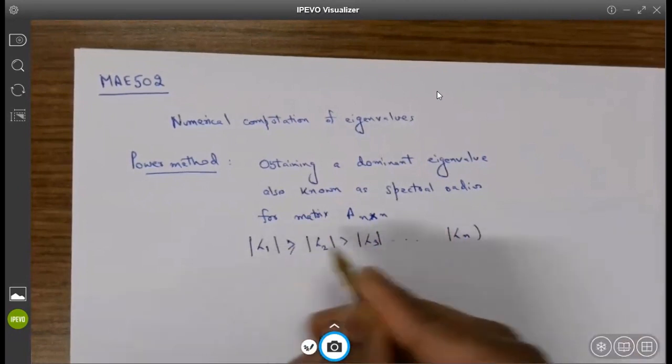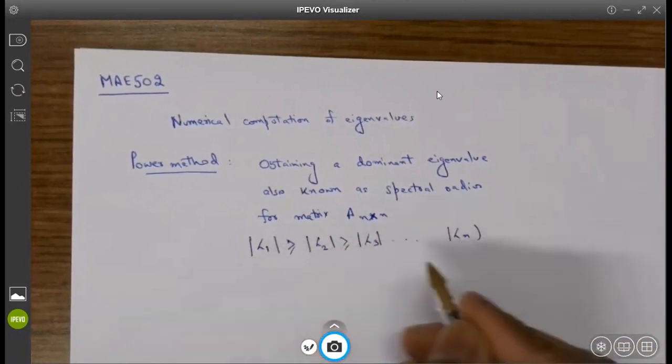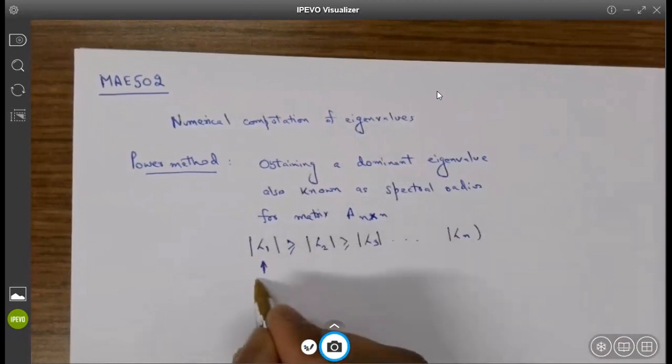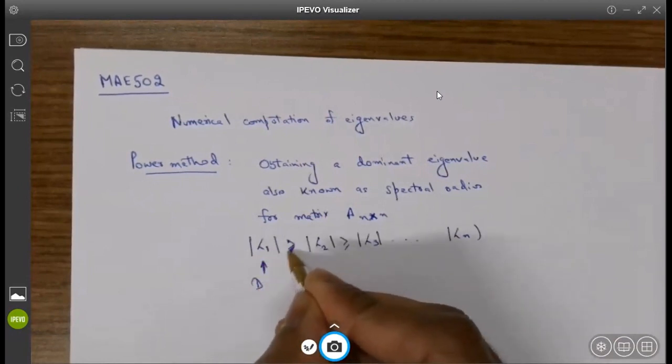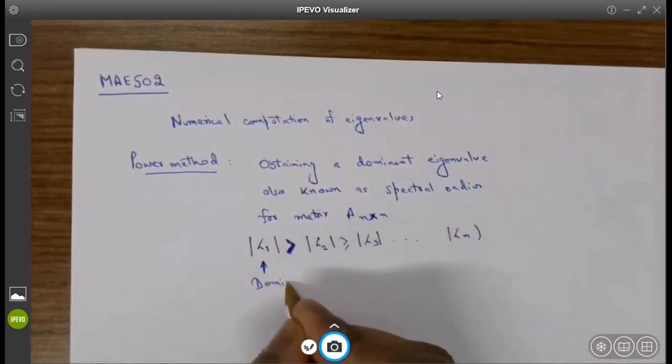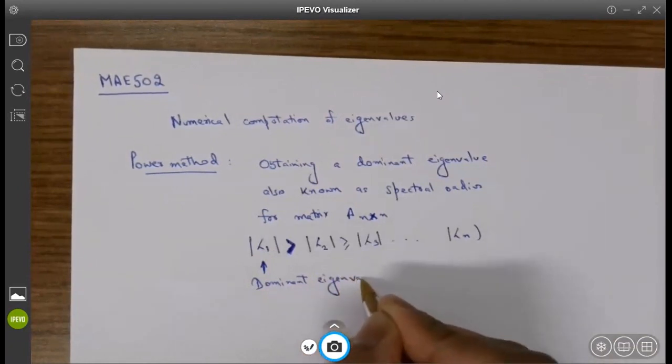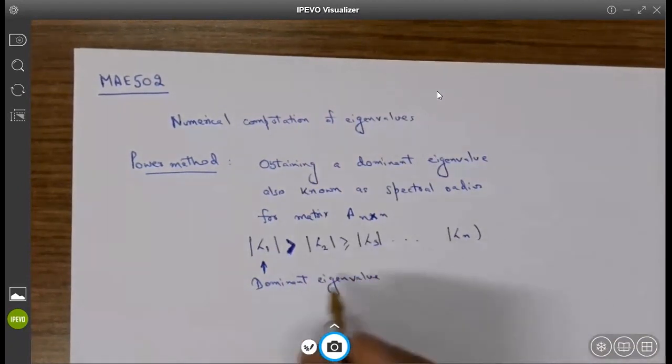There can be some equality sign as well because you may have equal eigenvalues. So this specific eigenvalue we call the dominant eigenvalue. There is no equality sign here. And this is also known as the spectral radius of matrix A.